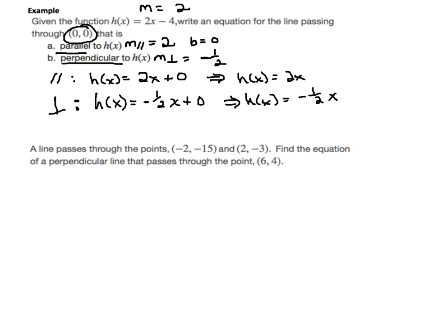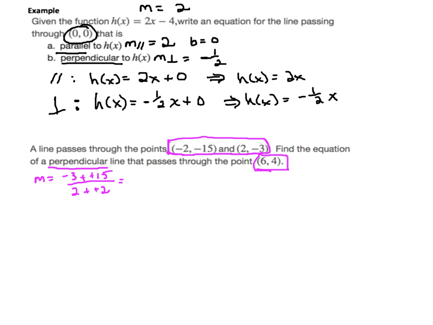A line passes through 2 points. Find the equation of a perpendicular line that passes through this point. So I've got to use the 2 points of my line there to find the slope to figure out how I can be perpendicular to that slope. So my first slope, negative 3 minus negative 15 over 2 minus negative 2.